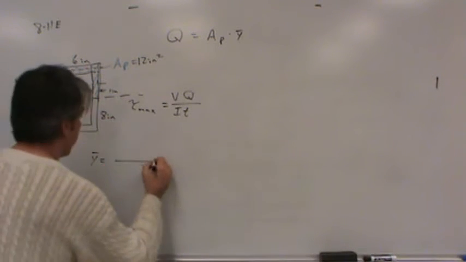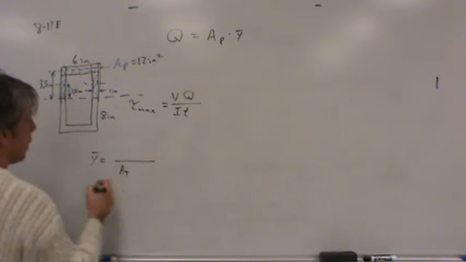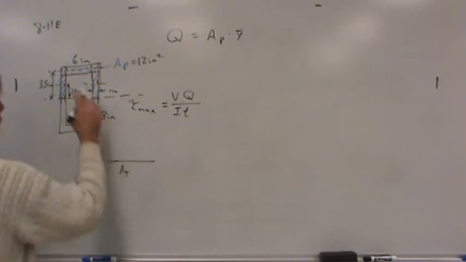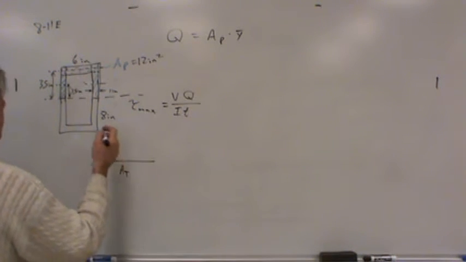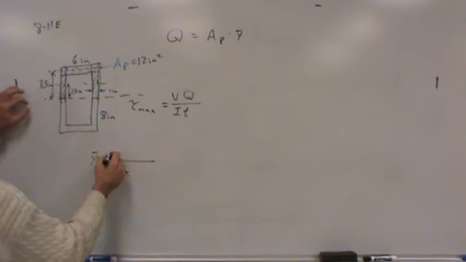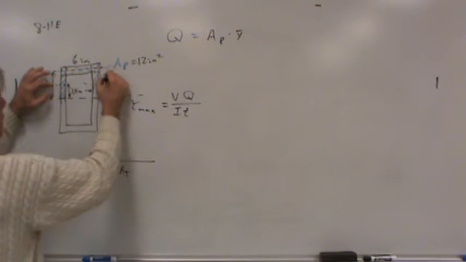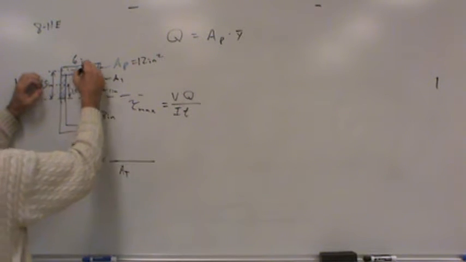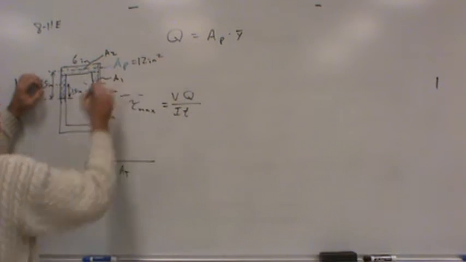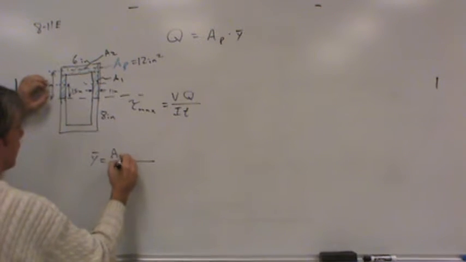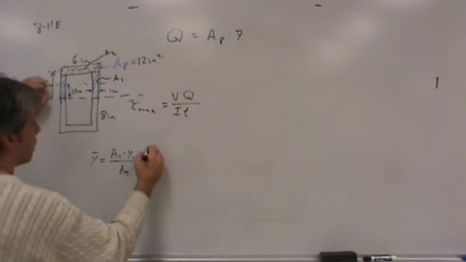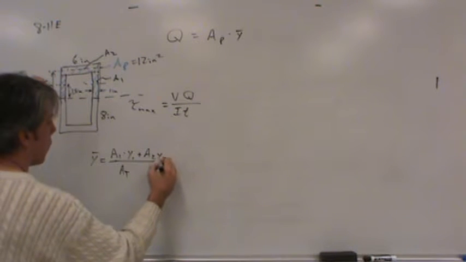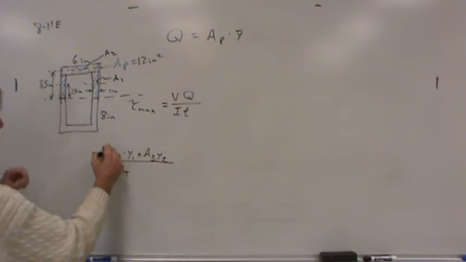So how do we do it? Well, we add up all the area, and all we do is take the moment of each of the areas and sum them. So let's call this area 1, and this upper area is area 2. So area 1 multiplied by y1 plus area 2 times y2, except, wait a second, I've got two A1s.